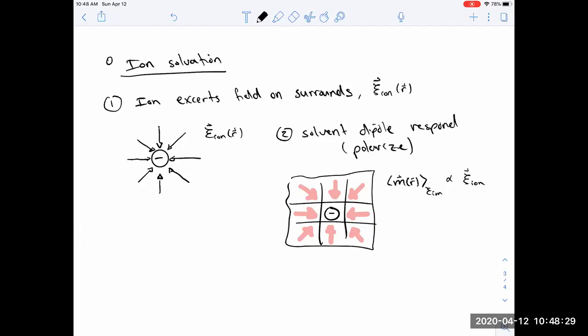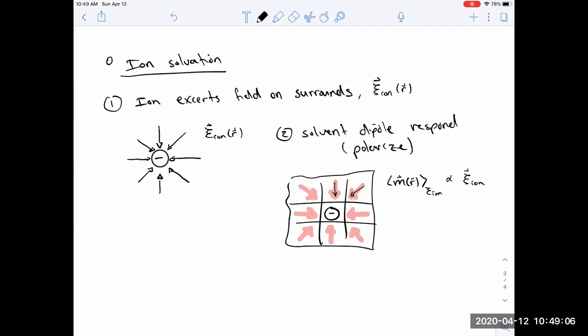But because we can't neglect the fact that the dipoles interact with each other, when I align a dipole in response to the field from the ion, I am creating unfavorable interactions between one of those dipoles and its neighbor. We alluded to this last lecture that dipoles next to each other tend to want to align anti-parallel with respect to one another.